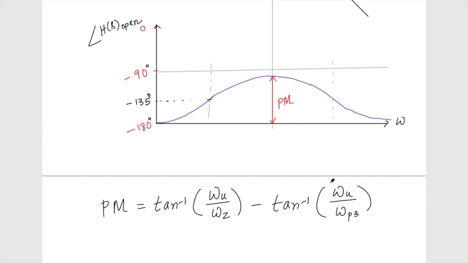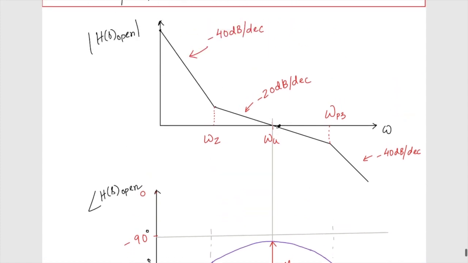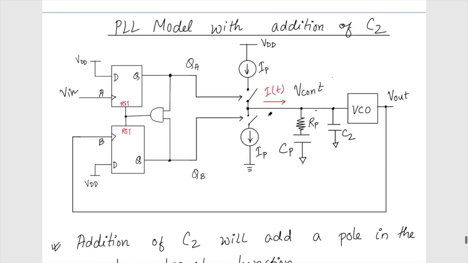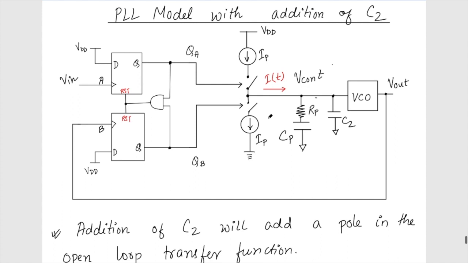So with this, this is the complete system of a type 2 PLL. With the addition of RP we are adding a 0, but at the same time this is providing a ripple, and the addition of C2 is going to filter it. But we have to be careful that we cannot make C2 very large.